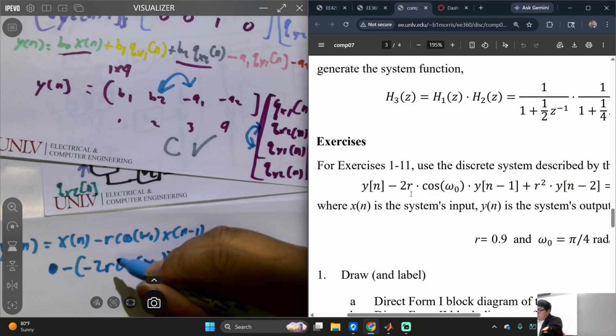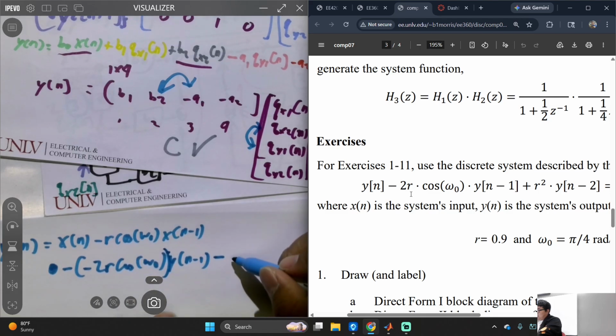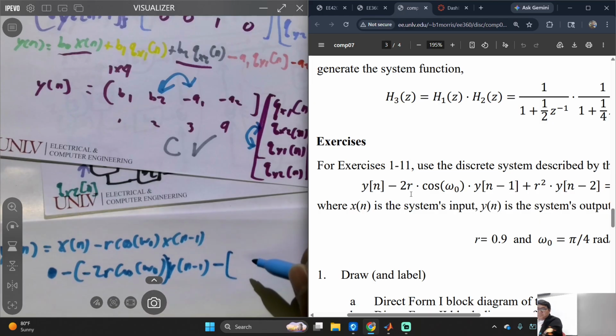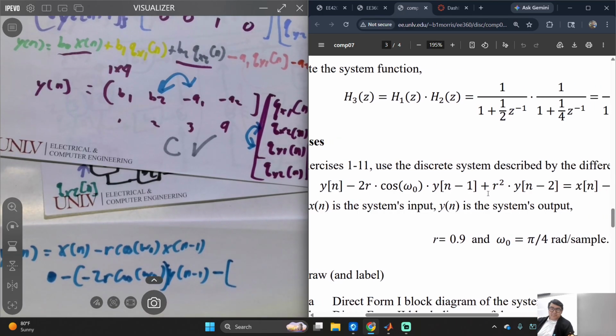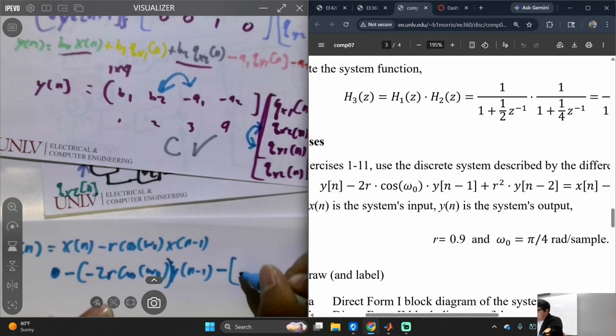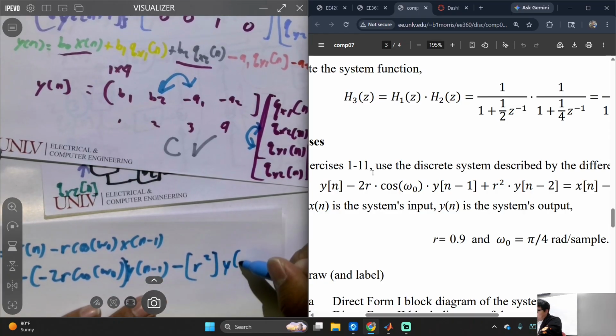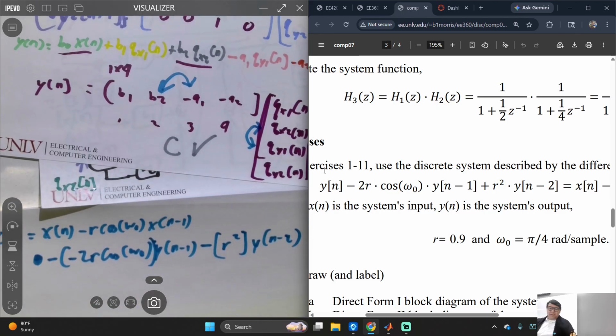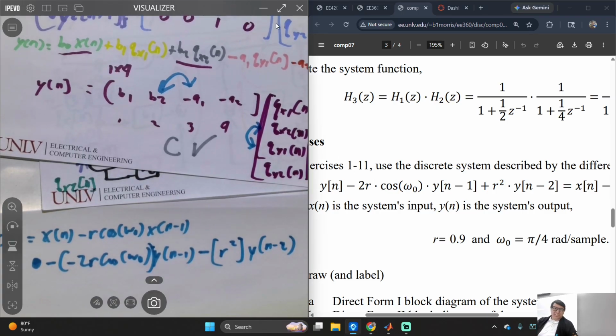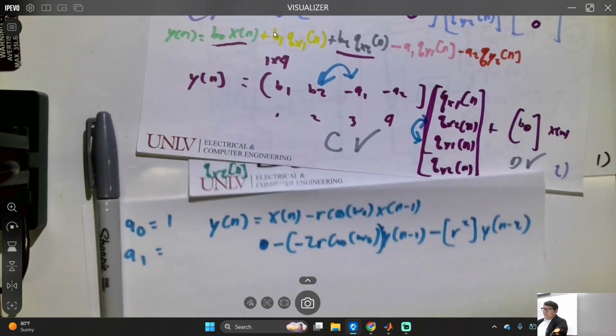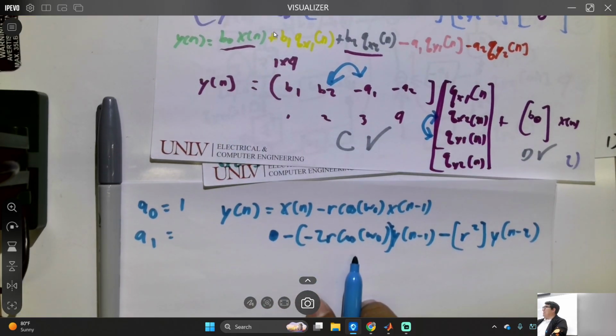minus, don't forget the parentheses right there, minus this r squared term, y[n minus 2]. Okay, is this your homework? Are you guys understanding why I put these parentheses right there?